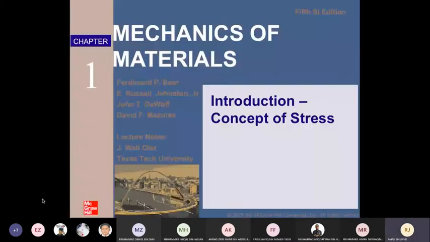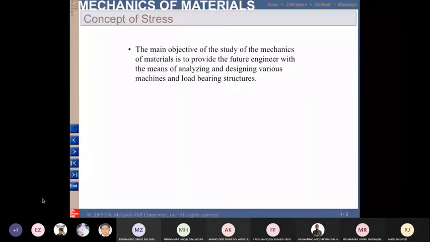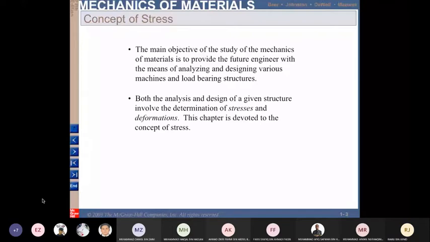So, the concept of stress. The main objective of the study of the mechanics of materials, also known as strength of materials, as I said to you, is to provide the future engineer with the means of analyzing and designing various machines and load-bearing structures.